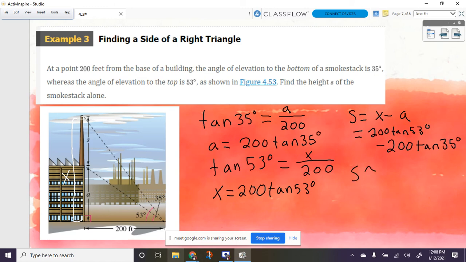So S is approximately 125.37. And what unit are we in?